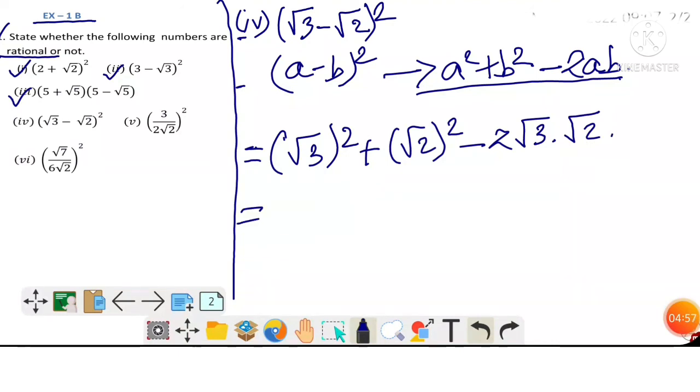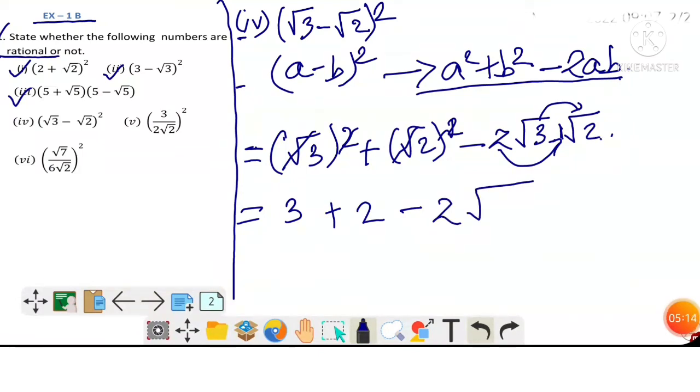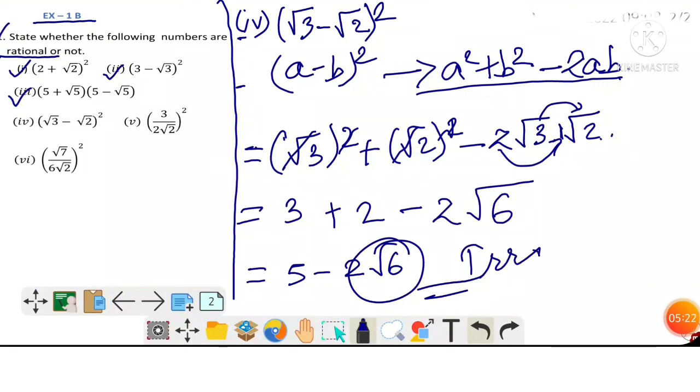So we get here the square will cancel the root, 3 plus 2, minus, we have to multiply the numbers, 2 1s are 2 and 3 2s are 6, root over 6. So 3 plus 2 is 5 minus 2 root 6. Again we got the root, so it is an irrational number, not a rational number.